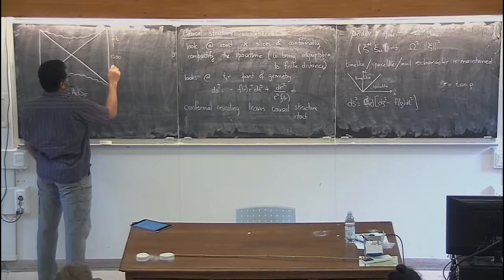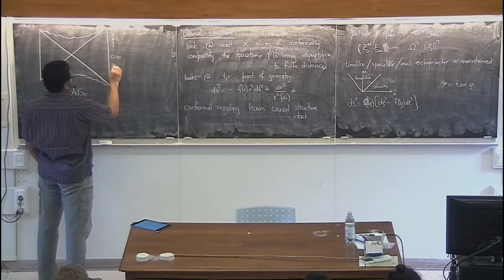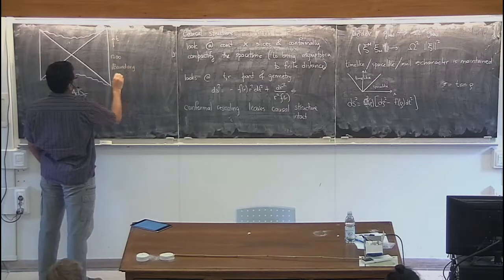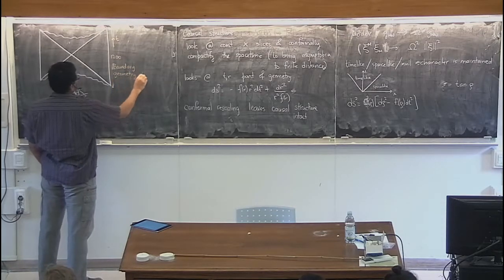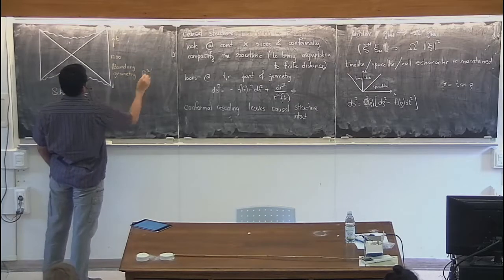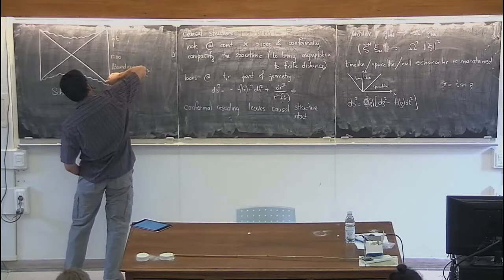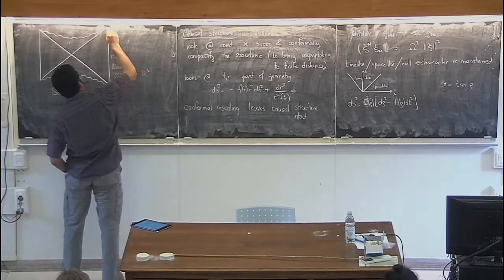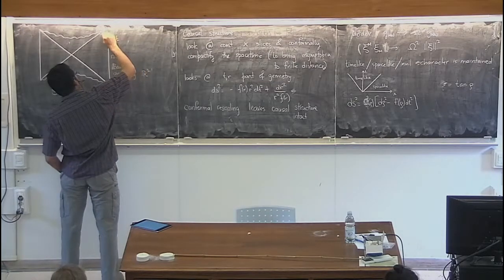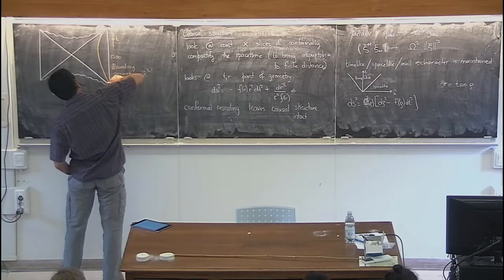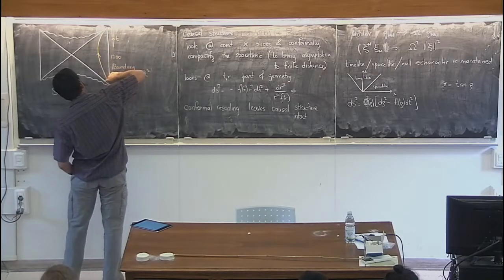This is the boundary where the CFT lives, which is a copy of Minkowski space. Lines of constant t run this way, orbits of d by dt.